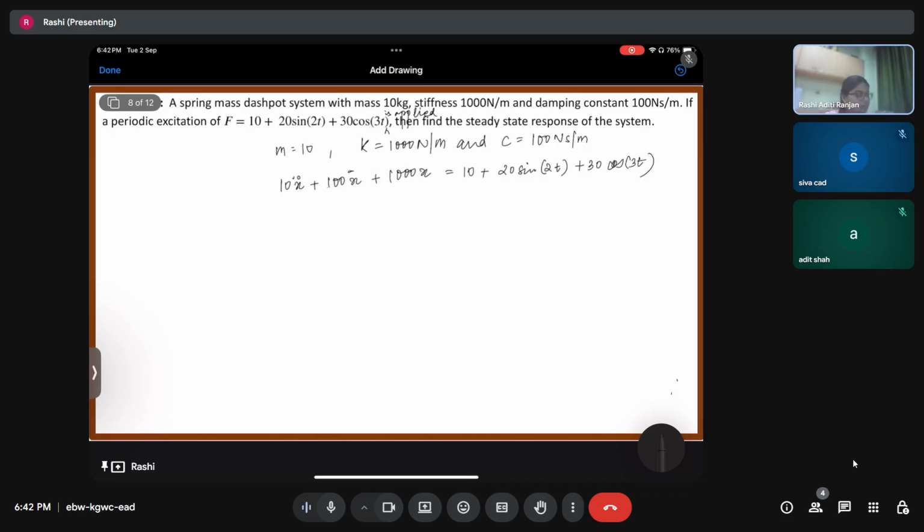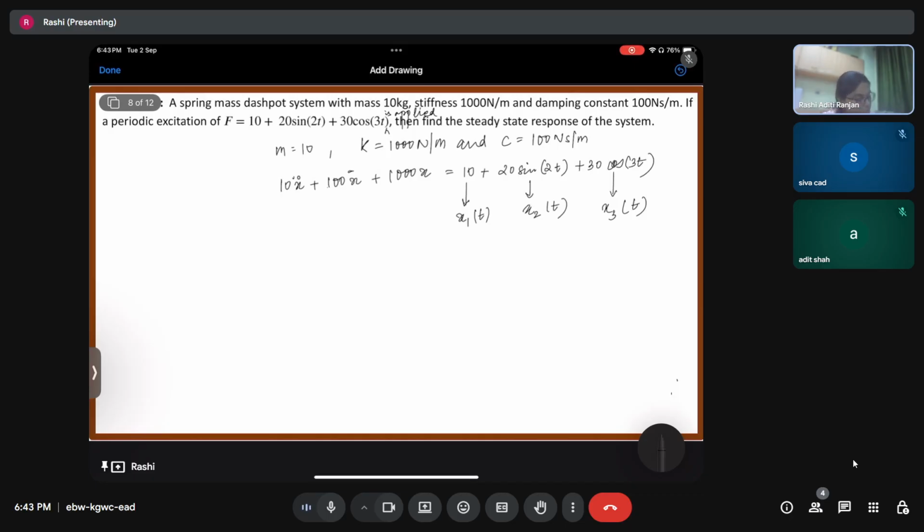Step by step we need to find the solution. Let us say the solution corresponding to the first forcing is x1 of t, the solution corresponding to the second forcing is x2 of t, and the solution corresponding to the third is x3 of t.